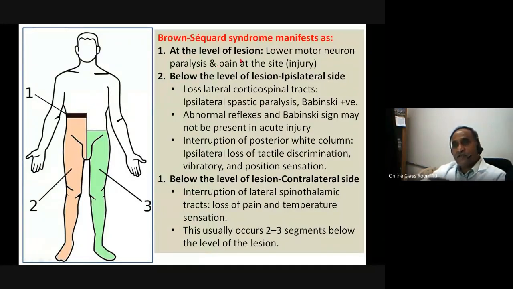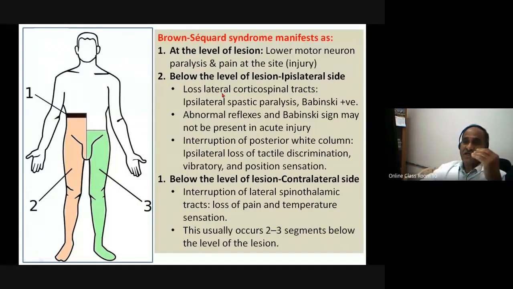The second, there would be painful sensations originating from this area because there is damage here. This damage produces irritation of the neuron, that is, pain at the site of the injury. This is what happens at the level of the lesion. Below the level of the lesion, on the same side, this is the cut here. So ipsilateral side, below the level of the lesion, what happens?